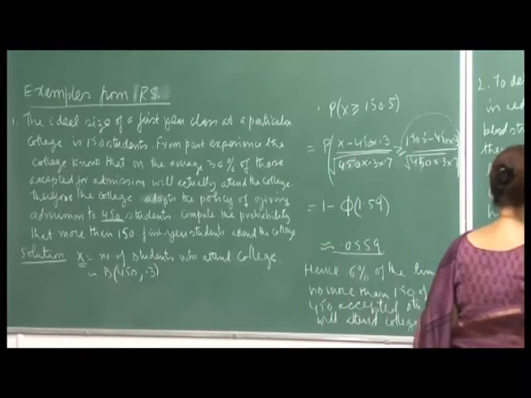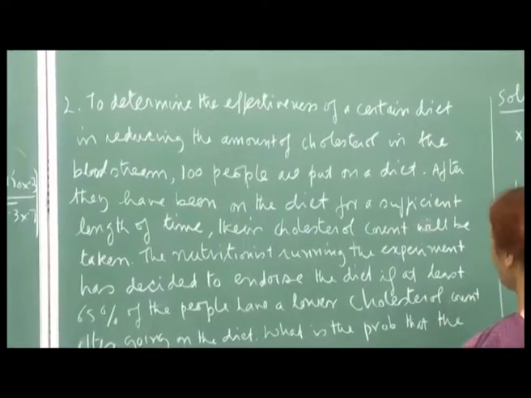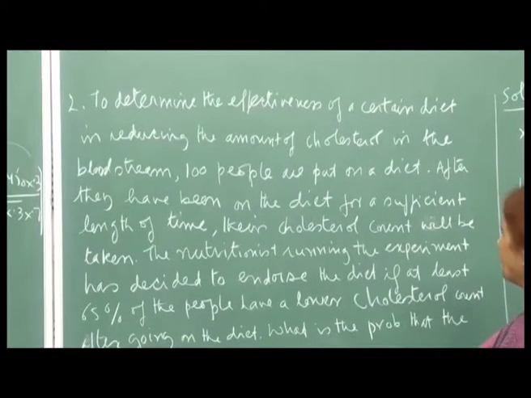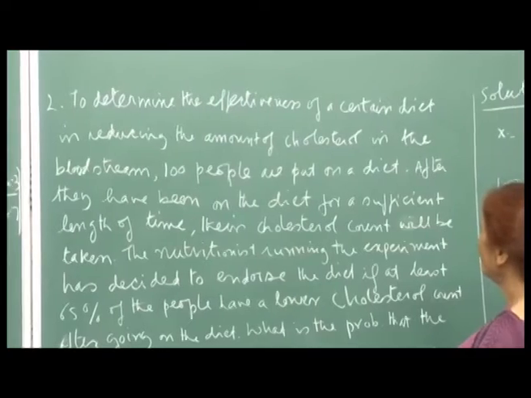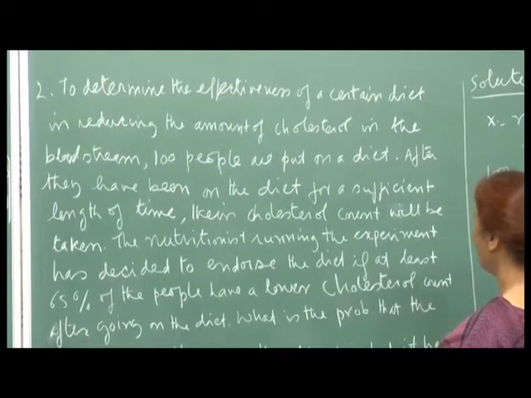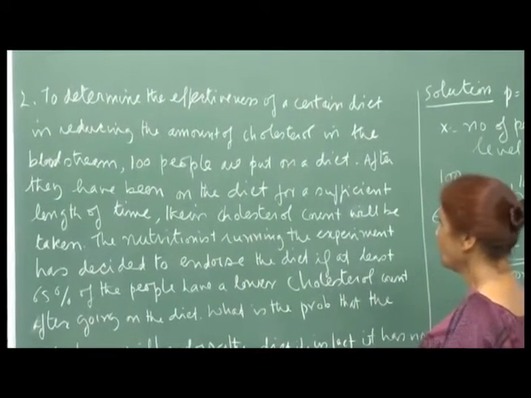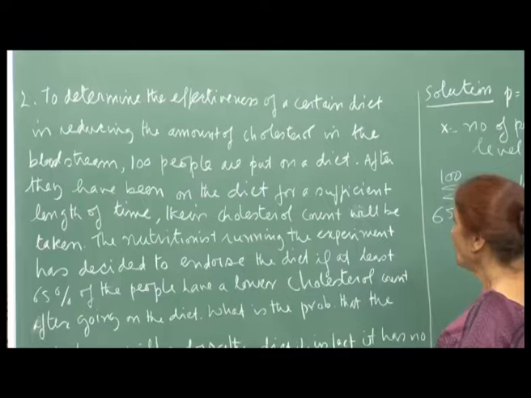Now, another interesting problem. This is to determine the effectiveness of a certain diet in reducing the amount of cholesterol in the bloodstream. 100 people are put on a diet. After they have been on the diet for a sufficient length of time, their cholesterol count will be taken.